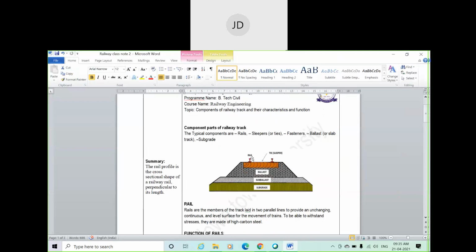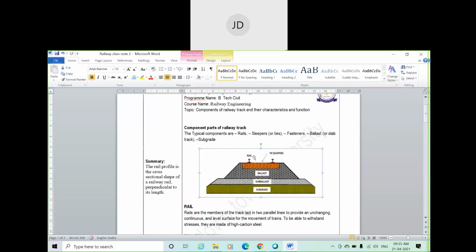You can see we are on this particular diagram. Just imagine a train moving along this rail. So this is a rail. It is a cross-sectional view, so you cannot see the length of the rail, you can see the cross-section of the rail. This is a rail, and this is the sleeper. This is the ballast, sub-ballast, and subgrade.